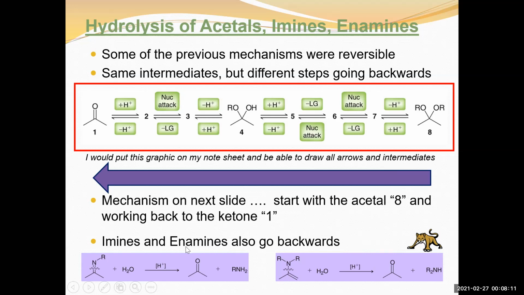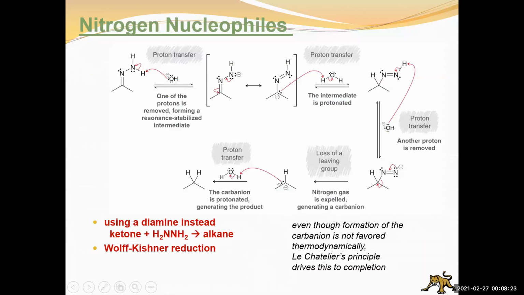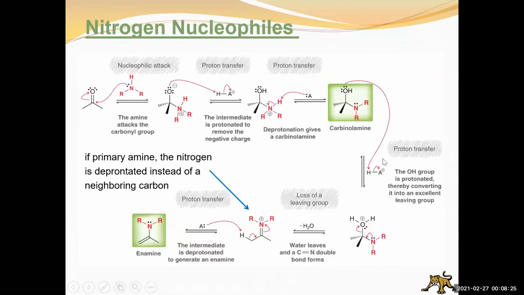The amines and the enamines also go backwards. The steps look a little different, but just reverse them. Like, what would you need to do to get from here to here? Well, this one has a proton that that one doesn't have.